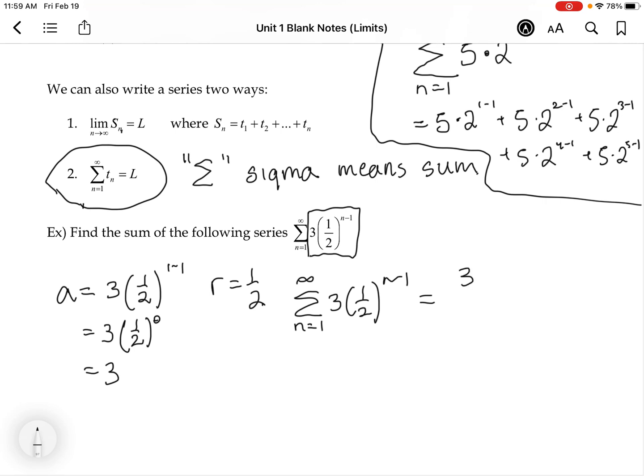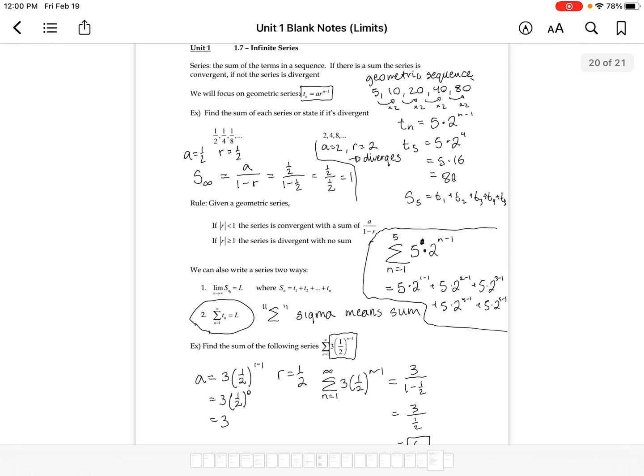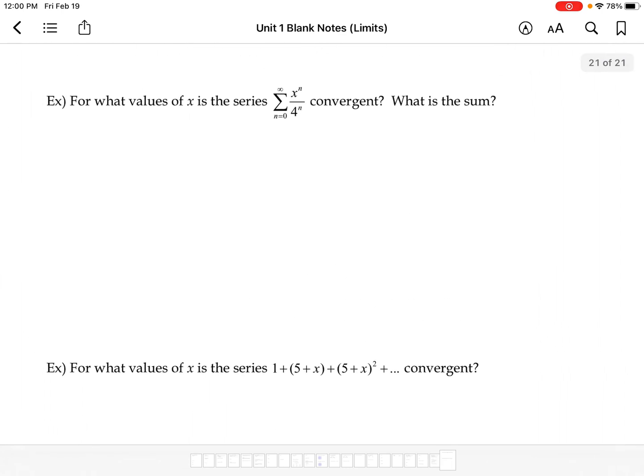It equals a, which is 3, over 1 minus r, 1 minus 1/2. 3 over 1 minus 1/2 is 3 over 1/2. 3 divided by 1/2 is 6. Okay? All right, so on to the next page.